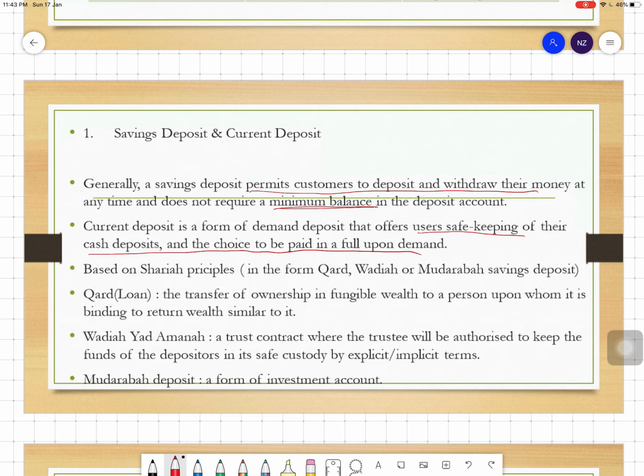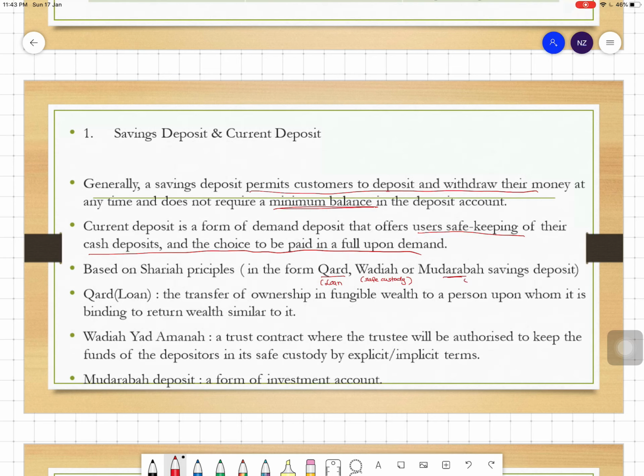Okay, based on Syariah principles, saving deposit and current deposit ni boleh in the forms of qard, which is loan in English, wadiah yad dhamanah, which is this one is safe custody, right? And mudharabah saving deposit.